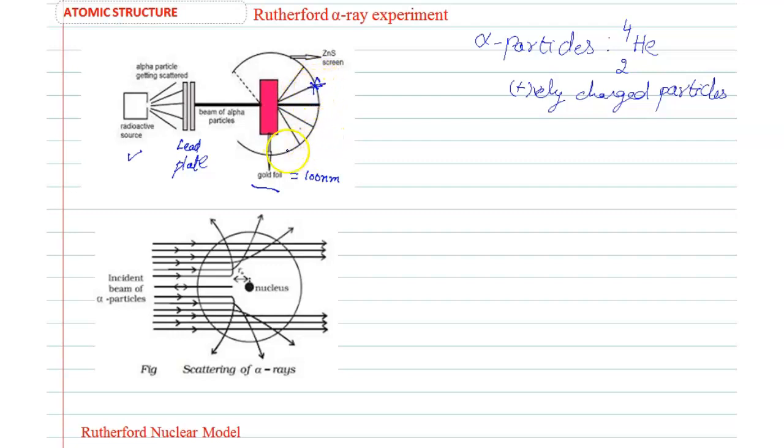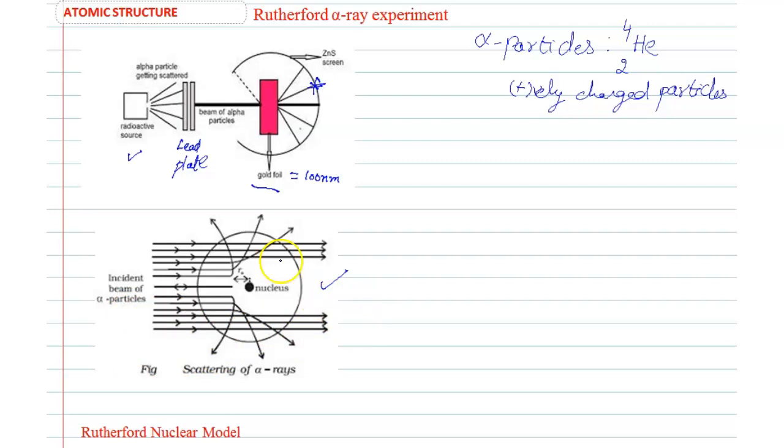Then from this experiment, what can we understand? Here alpha particles are passing through the gold foil. What happens inside, we are discussing in a separate diagram. This round circle is an atom, a gold atom. In the gold foil, gold atoms are there. When alpha particles pass through, what will happen inside?